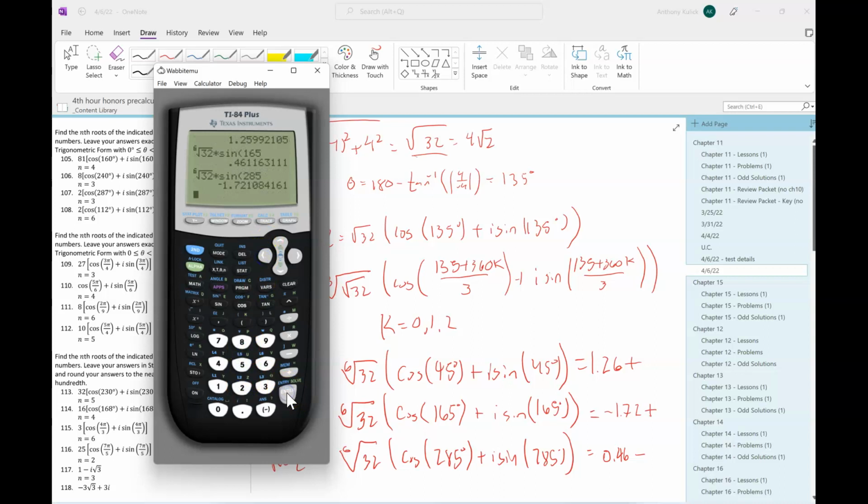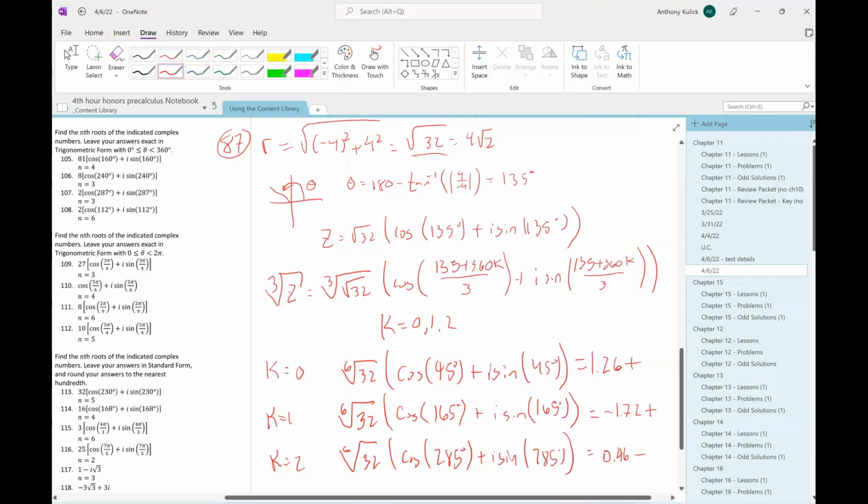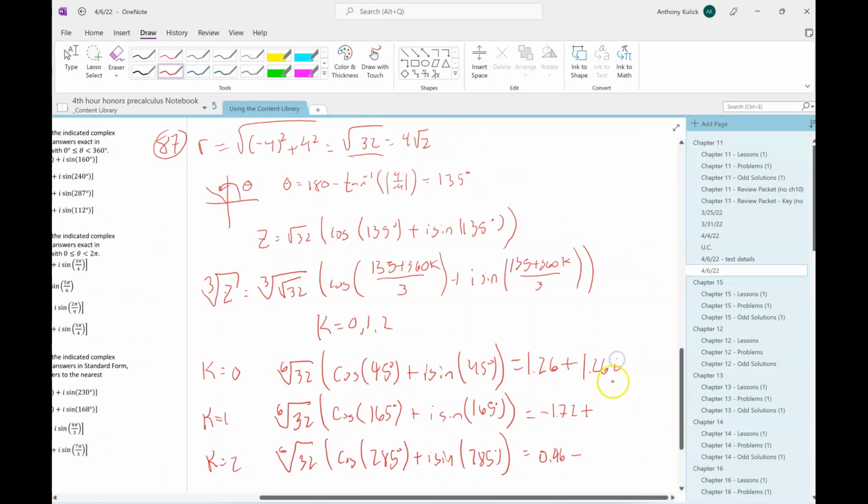Wowzer, look at the pattern there. That's pretty neat, huh? So I have plus 1.26i, and then I have plus 0.46i, and then I have minus 1.72i. So those should be your actual answers there, Mackenzie. Is that what you got?